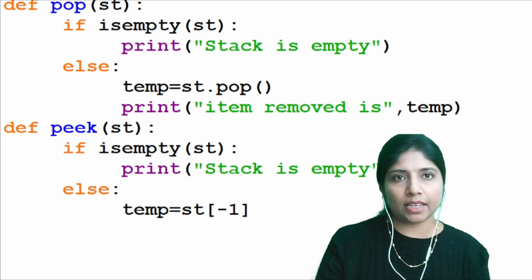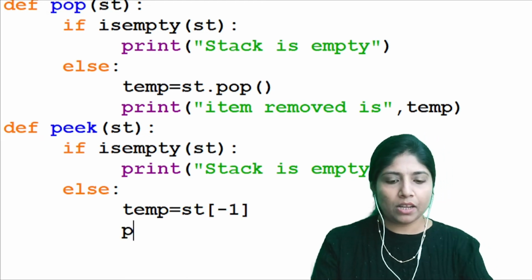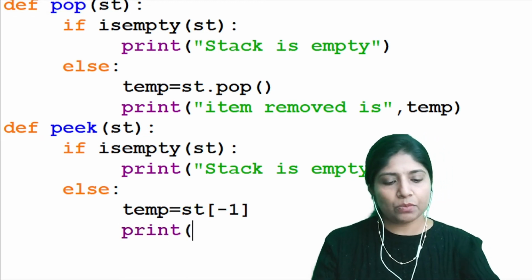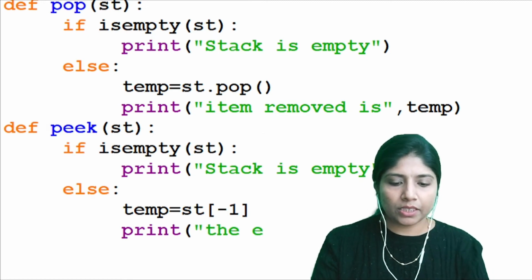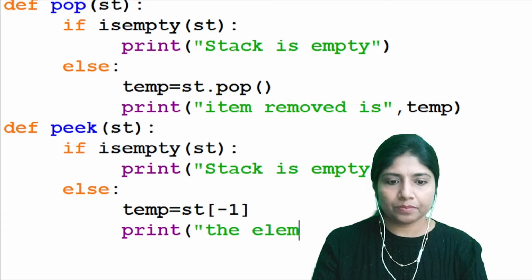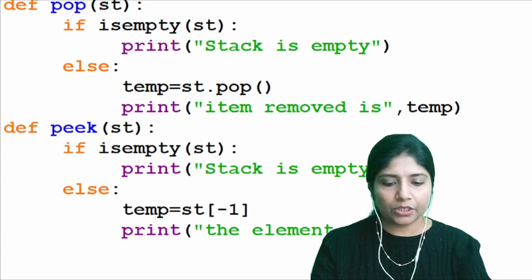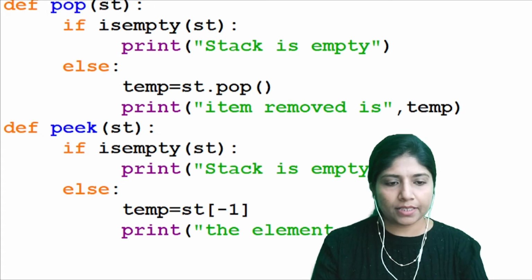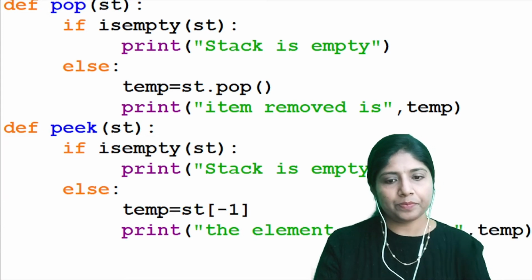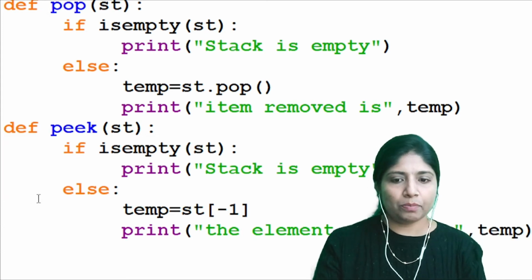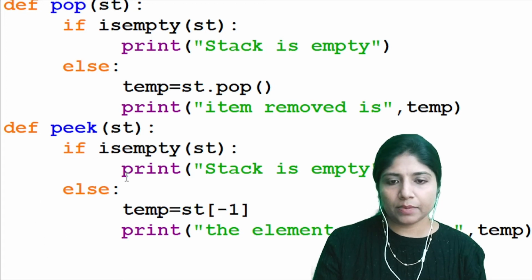I am taking that element into a temporary variable. Now I print the message: the element at top is temp. So peek is done, this much only.